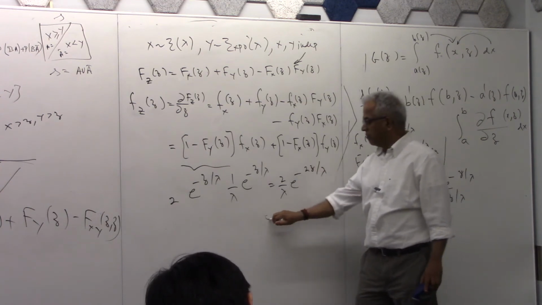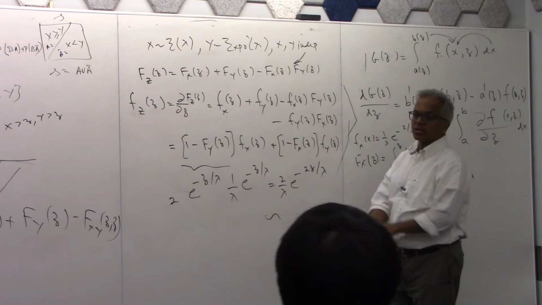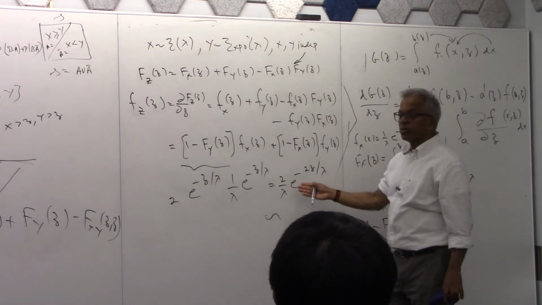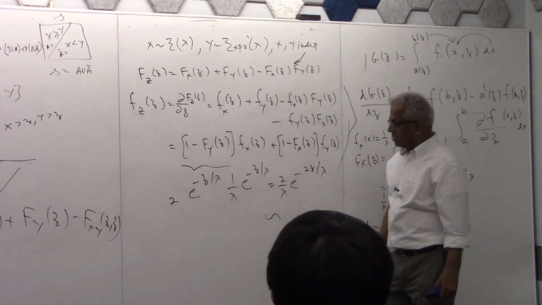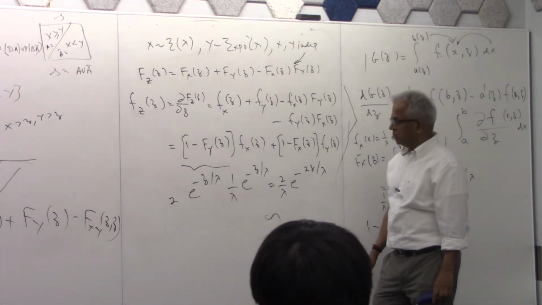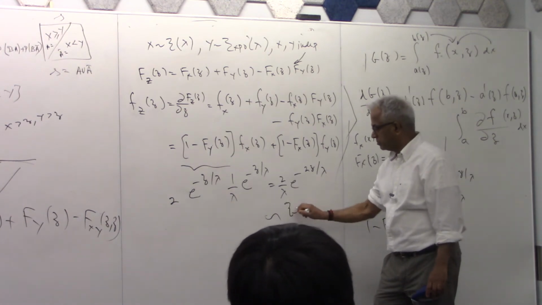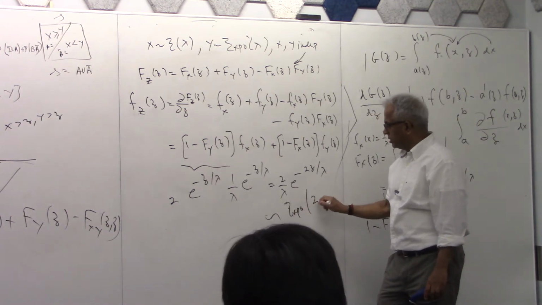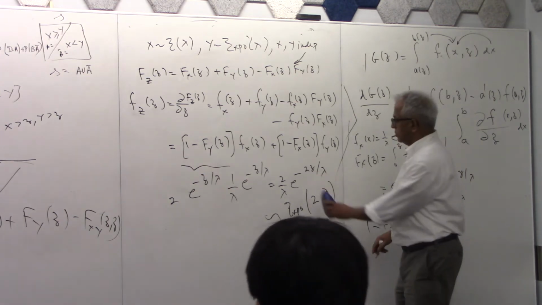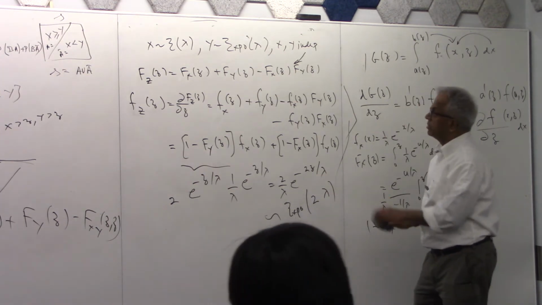So what's the density function of this? We started with the exponential, what do you get? So that's a theorem. If X and Y are independent exponentials, the minimum is also exponential, with parameter lambda over 2, so 2 lambda, whichever way you want to write.